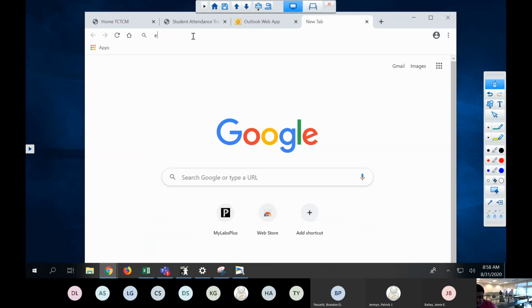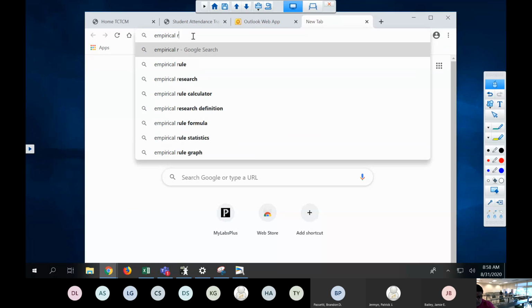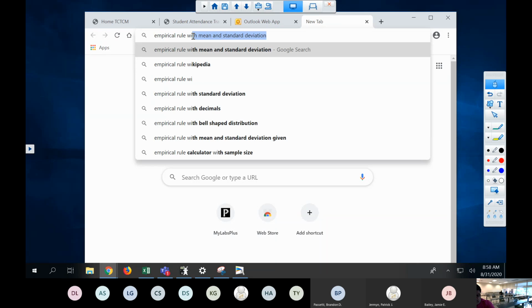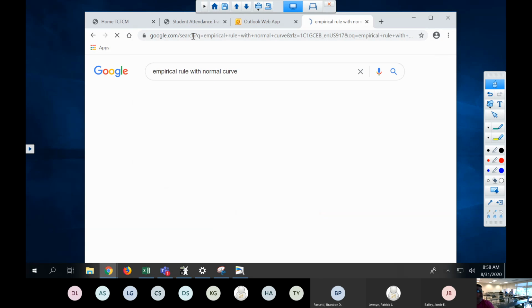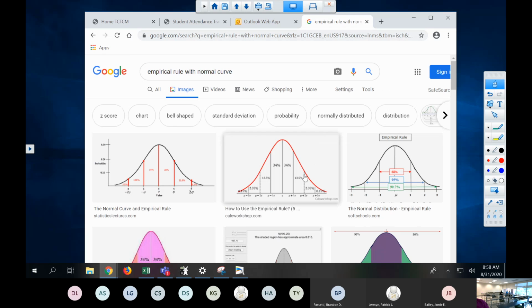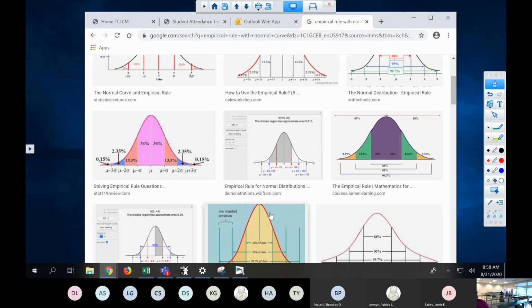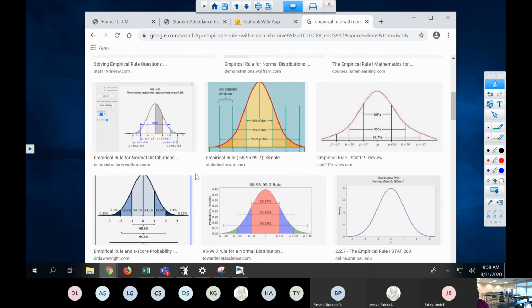Pull up empirical rule with normal curve. And hit images and copy the best one that you like. I usually pick one that's got everything on it that doesn't have a line going through the middle.